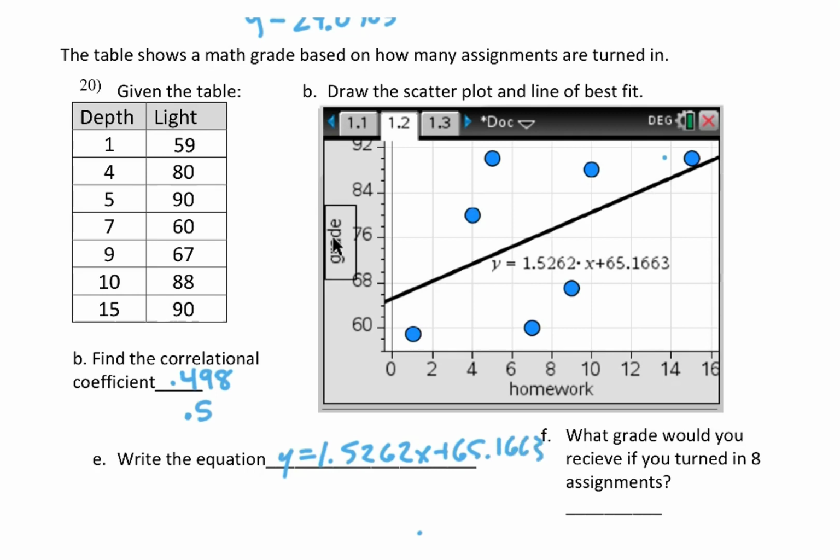Then we found that it was about 77%, like 77.4, when we turned in 8 assignments, which we got by taking the 8, plugging it into x, and solving. Also, this should have been homework, and this should have been grade. Forgot to adjust that. All right, so we're done with 20 like we said.